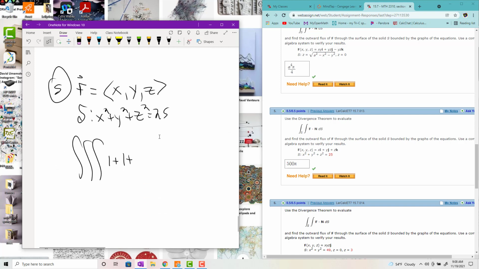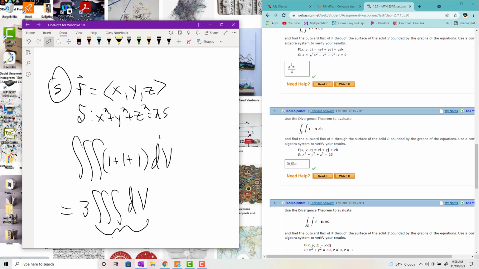So you can factor that as a constant out of the integral, and you're home free. It's just going to be 3 times the volume of that object we're integrating about. So the triple integral is just the volume of that sphere, which is 4/3 pi r cubed. So sometimes you get lucky this way. You don't have to actually evaluate the integral. 4/3 pi r cubed.